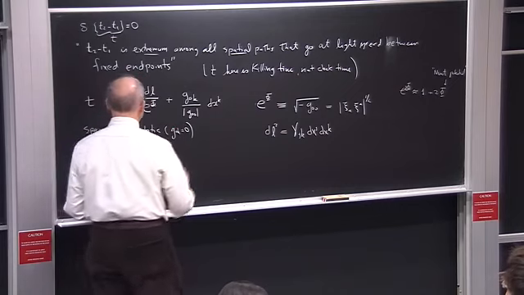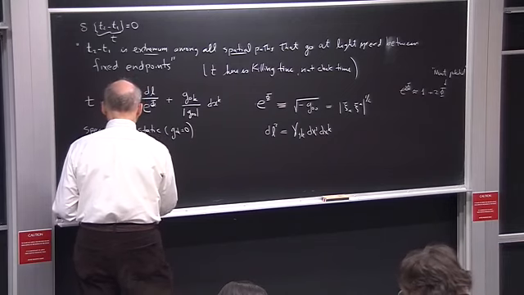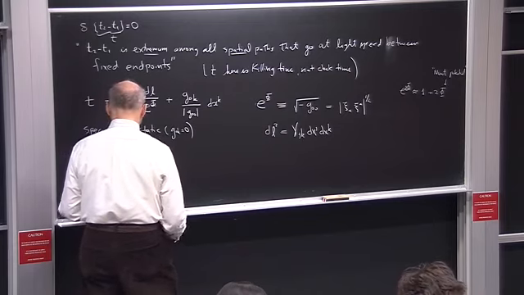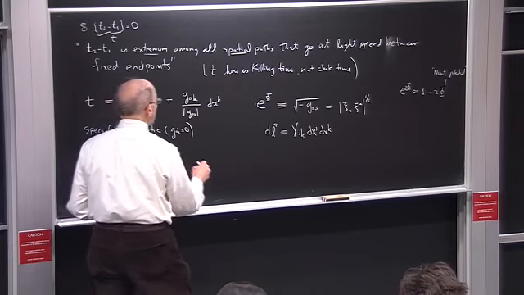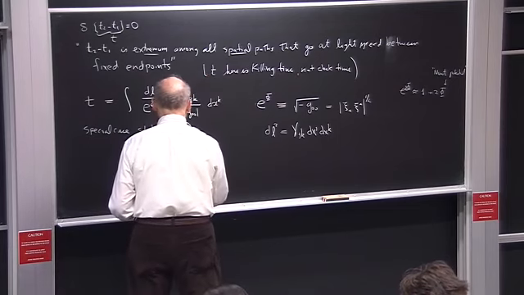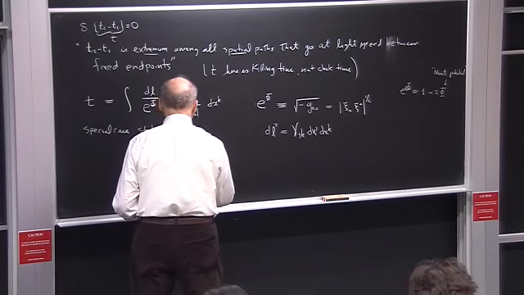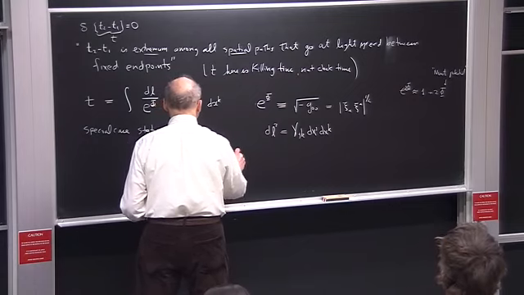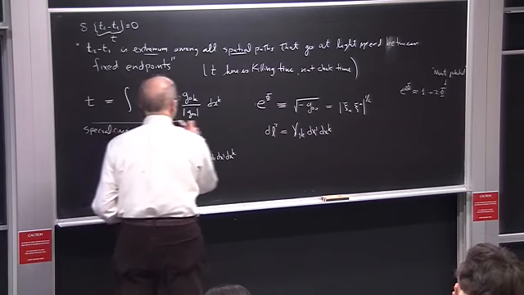And in that special case, of course, it just reduces to the integral of dl over e to the phi. And dl squared itself is simpler too. It's just gjk dxj dxk. So that's a special case.